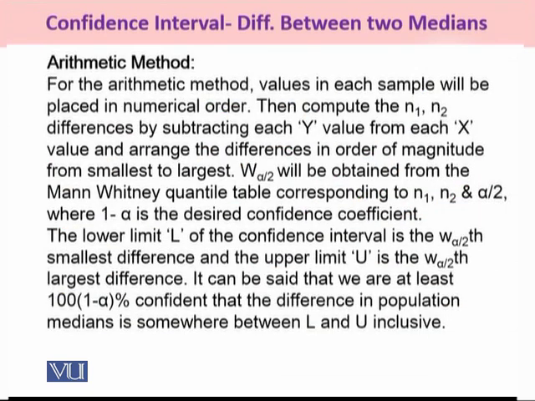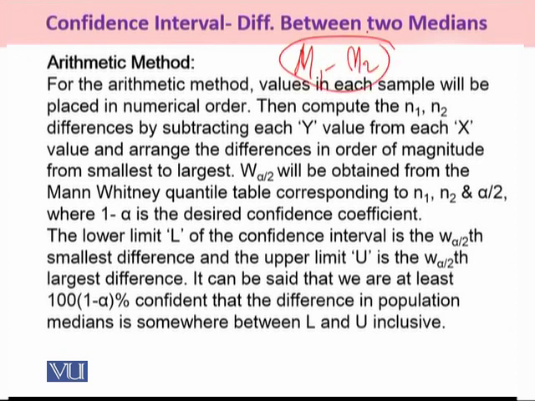Now the method, students: basically there are two methods for constructing the confidence interval for the difference between the two medians. One is the graphical approach and the other is the arithmetic approach. As far as the graphical approach is concerned, it is quite difficult to identify the unknown value of the parameter, which in our case is M1 minus M2.